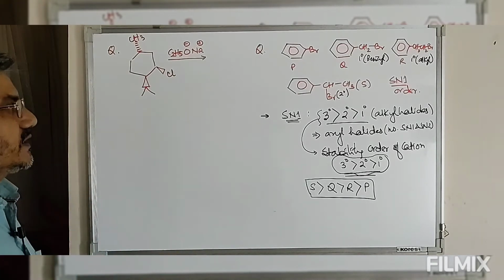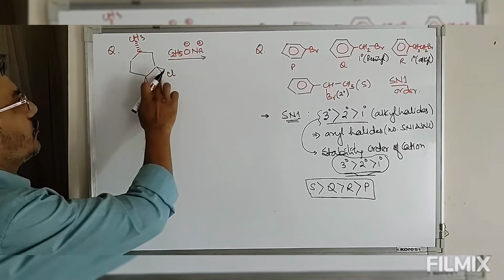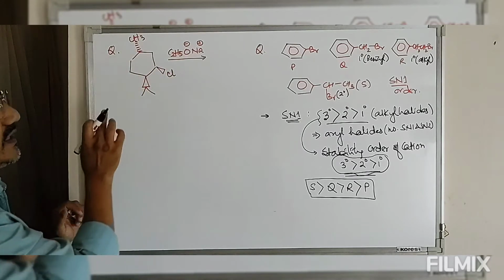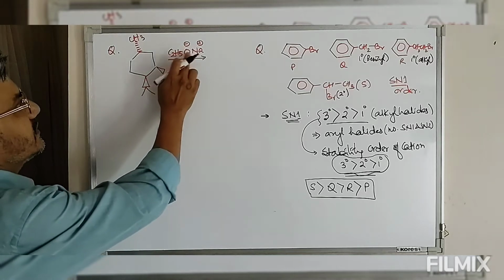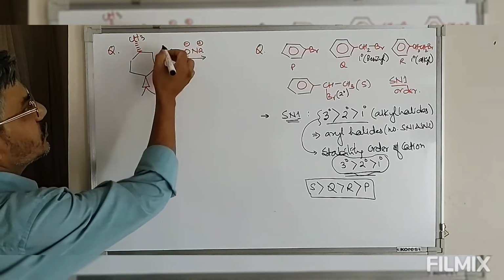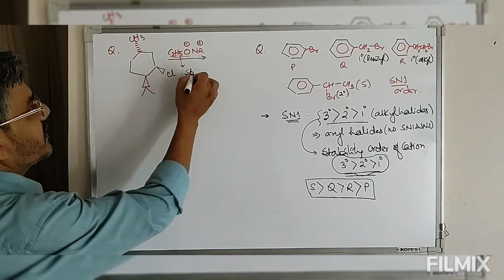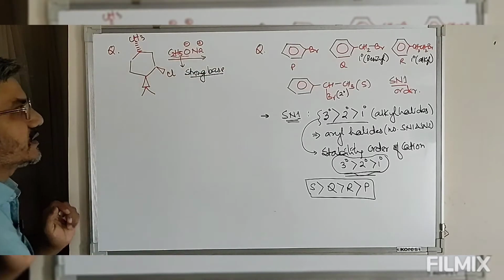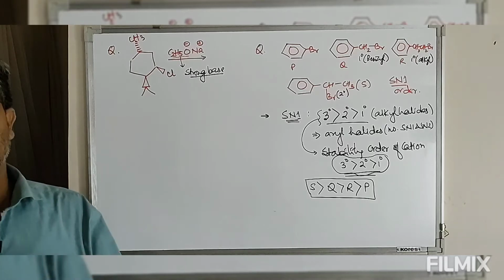So first of all, look at this. We have alkyl halide, and the configuration of the alkyl halide is given to you. This alkoxide ion, RO minus. Ethoxide ions are very strong bases. So now we have a strong base, and the alkyl halide is to be treated with a strong base.